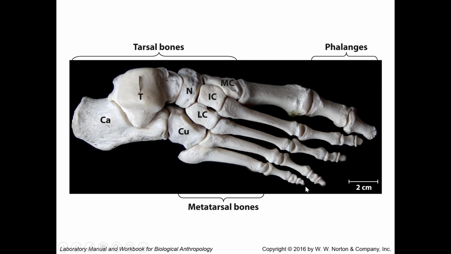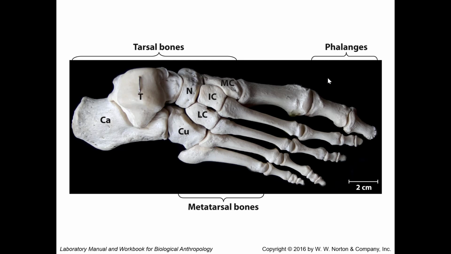The proximal end of the metatarsal is somewhat square-shaped and concave, and it articulates with the complementary tarsal surface. At the distal end of the metatarsal is a more rounded end, and it articulates with the phalanx. Again, like our finger bones, the toe bones are also called toe phalanges, or phalanx singular.